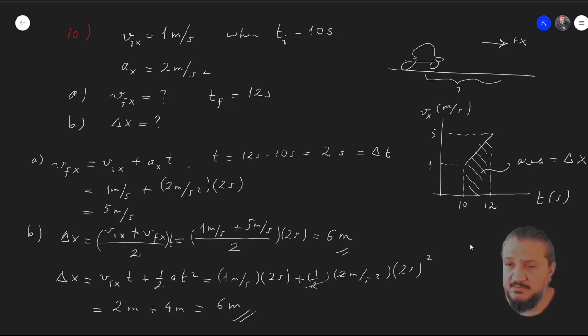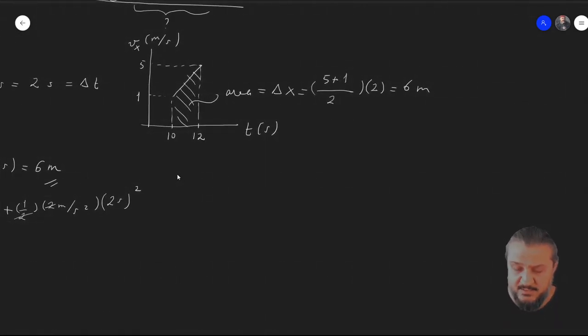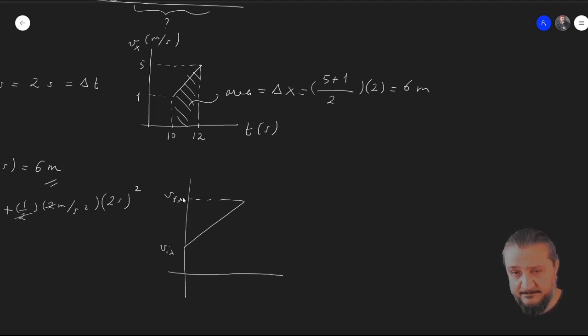One thing I just remembered. I probably didn't mention this when deriving the equation, but obviously whenever you have something like this and you have two values, Vix and V final x here, and t, the average value right in the middle corresponds to V final x plus V initial x over 2.